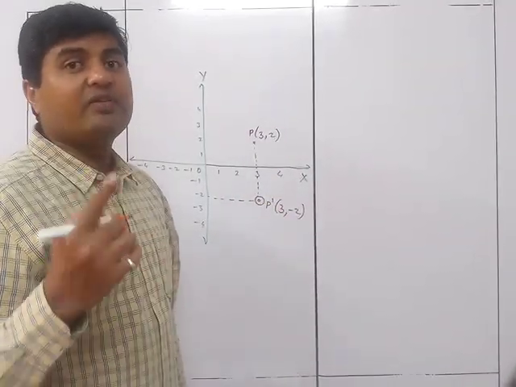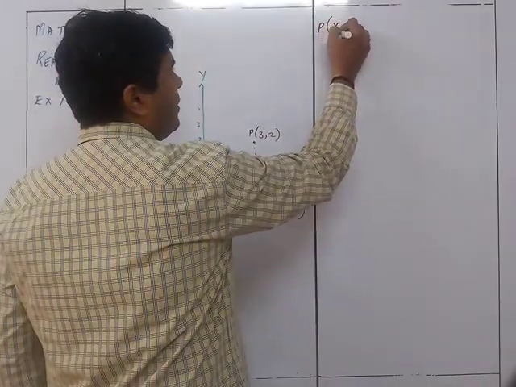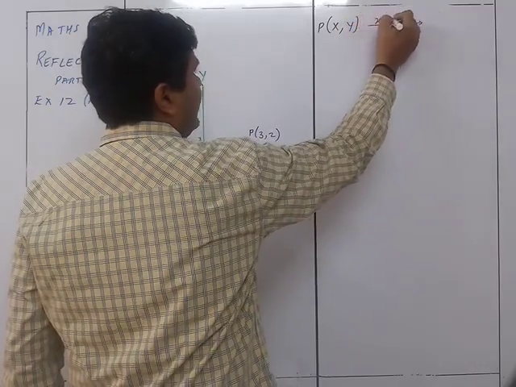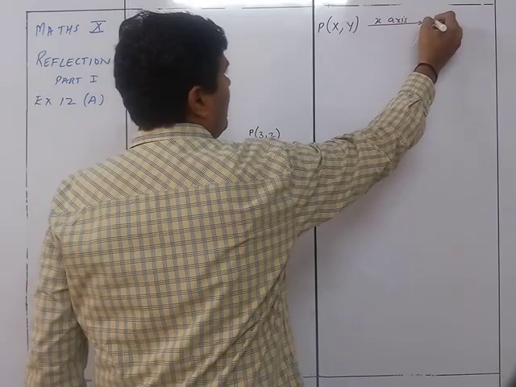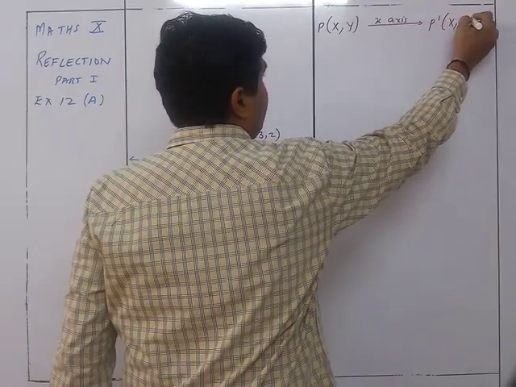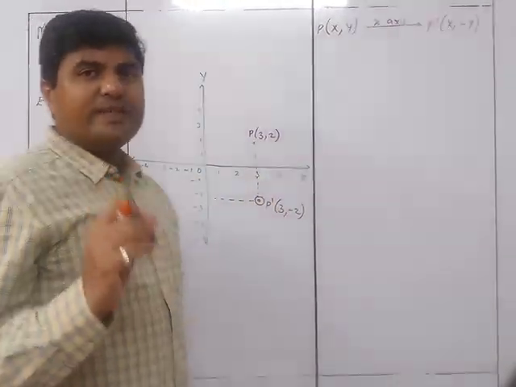This gives us our first formula, that is P(x, y) under reflection in the x-axis gives P dash, which will be (x, -y). Now there is one more thing which we need to know.